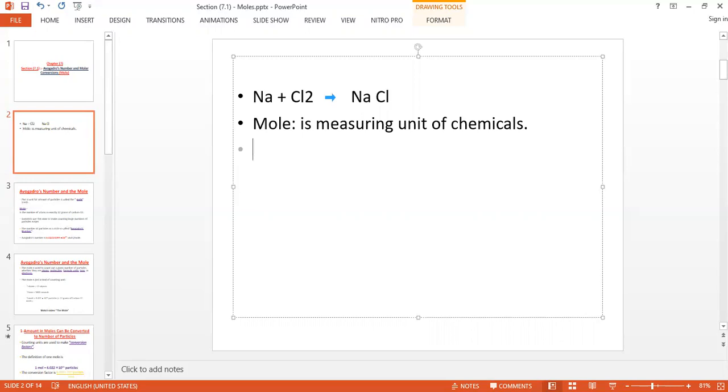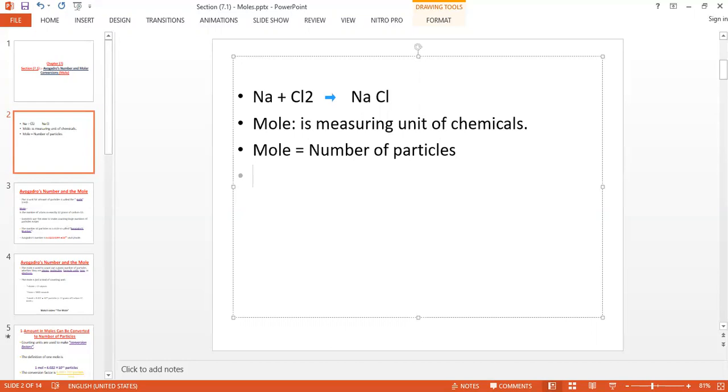Let me say that mole is the measuring unit of a certain number of particles in an element or in a compound or in an ion or whatever, a chemical in general. So mole represents a certain number of particles in a chemical. What is this number?